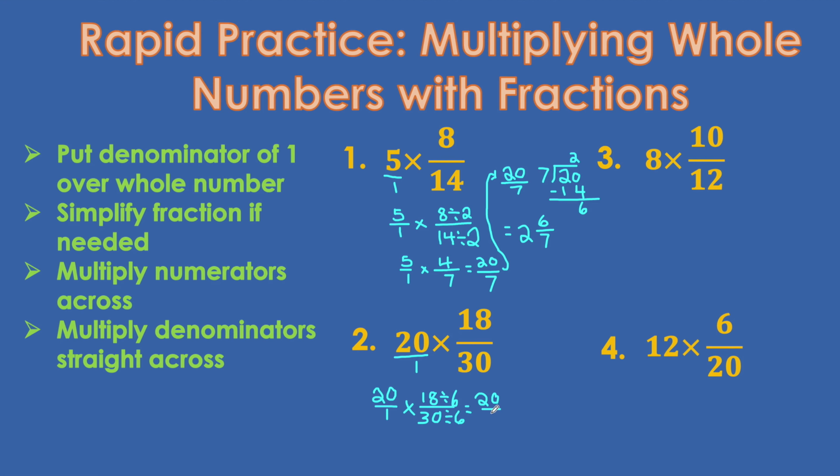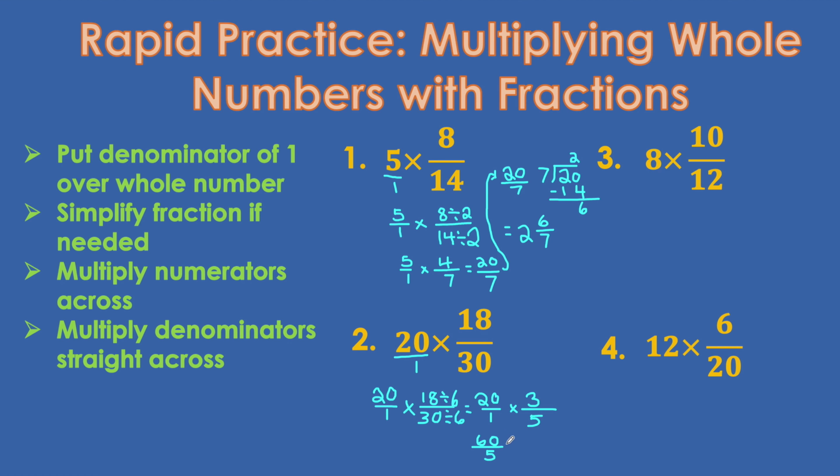20 times 18 divided by 6 equals 3. 30 divided by 6 is 5. Now we just multiply numerators across. 20 times 3 is 60. 1 times 5 is 5.